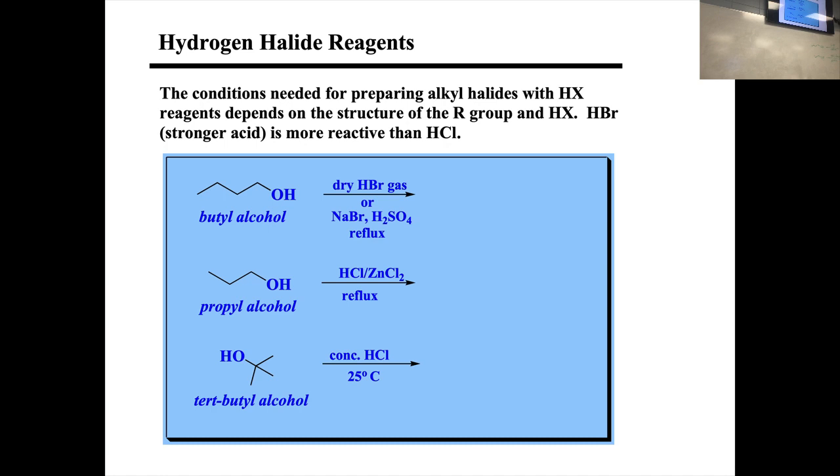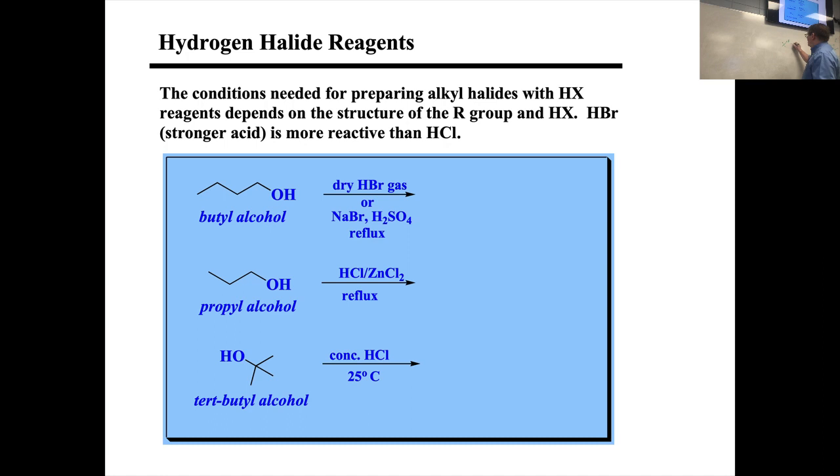Bromide, remember in the family, fluorine, chlorine, bromine, bromide is a better nucleophile than chloride. So bromide is a really good nucleophile. Chloride is not. And so we've got to kick it in the pants a little bit and use some zinc. That helps make that alcohol a better leaving group so that the chloride can function as a nucleophile.